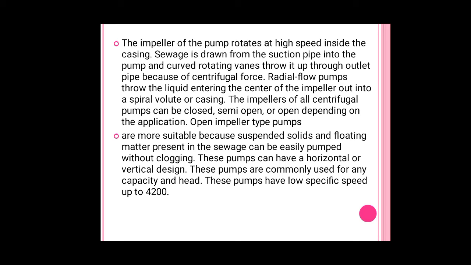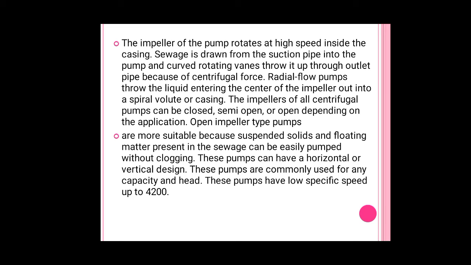The impeller of the centrifugal pump can be closed, semi-open or open depending on the application of the pump. Open impeller type pumps are more suitable because the suspended solids and floating matter present in the sewage can be easily pumped without clogging.